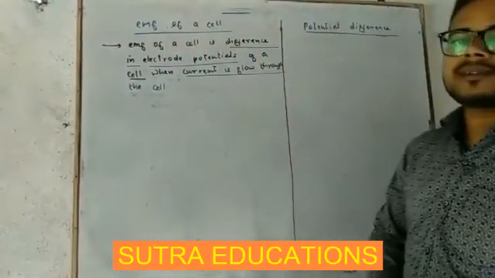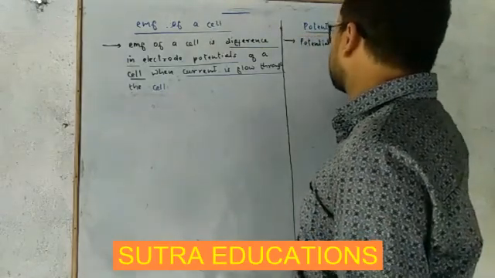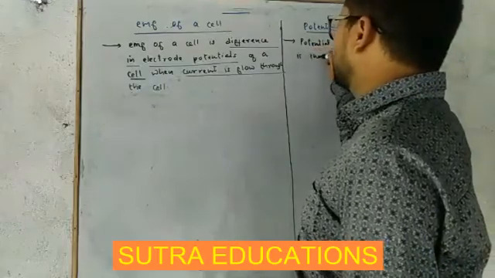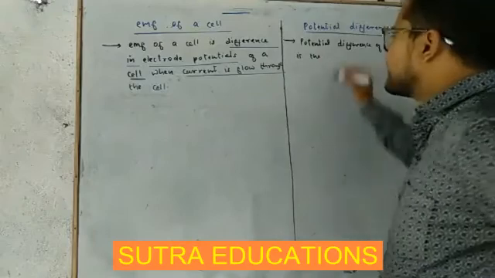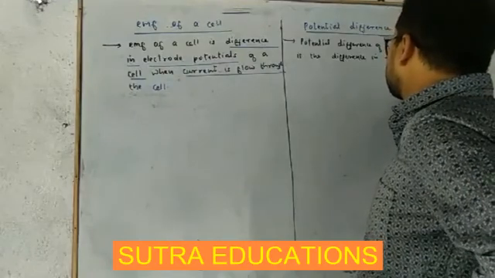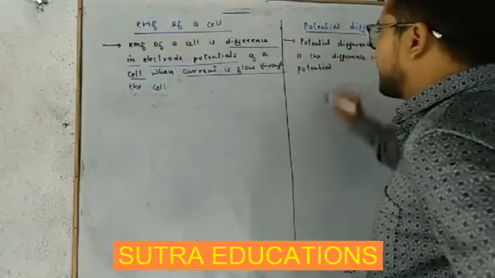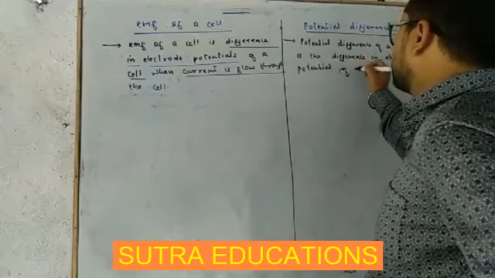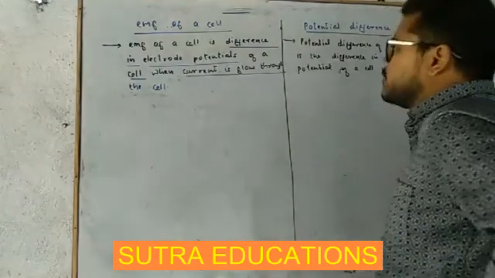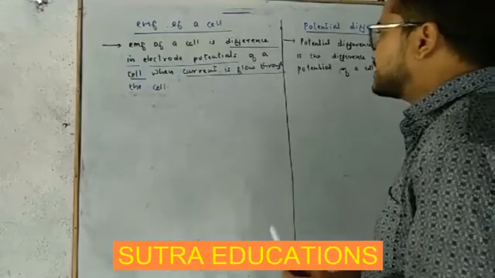What is potential difference? Potential difference of a cell is the difference in electrode potential of a cell when current is not flowing through the cell. Sorry, I mixed it up.